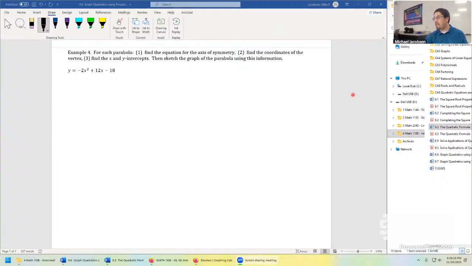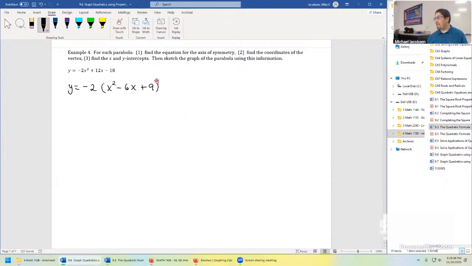So if we factor out that -2, and no worries if you got to leave, what we're going to be left with is a 9 right here, which is a perfect square polynomial. So we could rewrite this as y equals, let me factor out that -2, leaves behind x squared minus 6x plus 9.